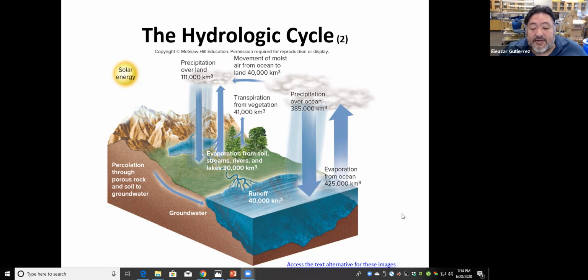Okay, so this is an incredible amount. Of that, the majority precipitates back into the ocean, but a great amount of it, 40,000 cubic kilometers, precipitates over mountain ranges of snow or the valleys to provide water. The water here, of course, percolates through the rock, and it fills up caverns and artesian wells, and that flows under the ground back out to the oceans slowly.